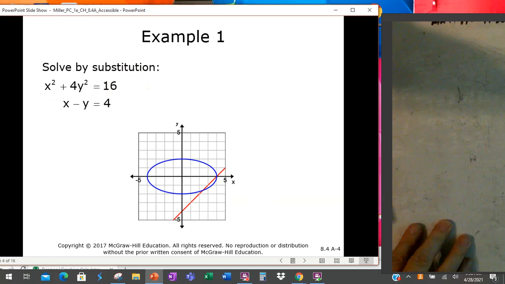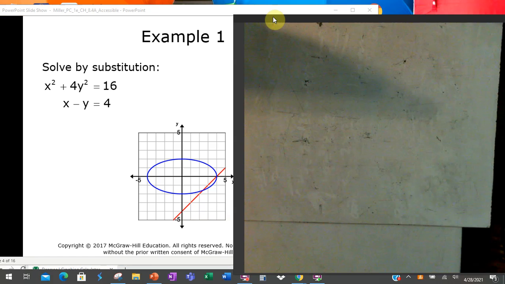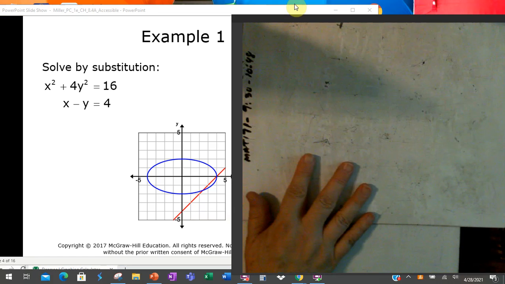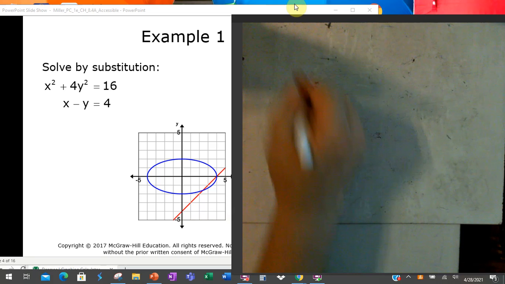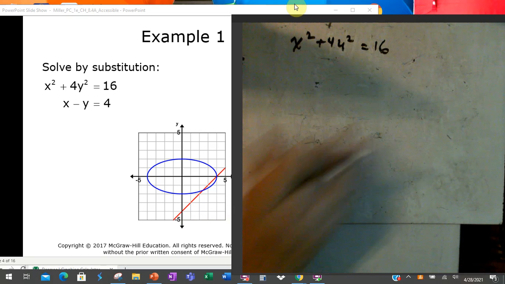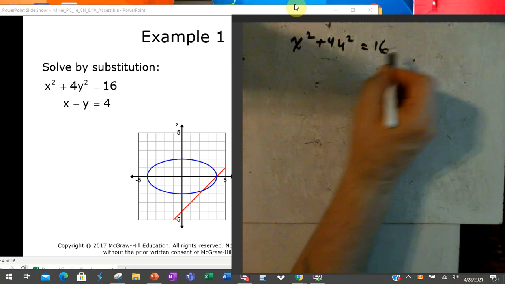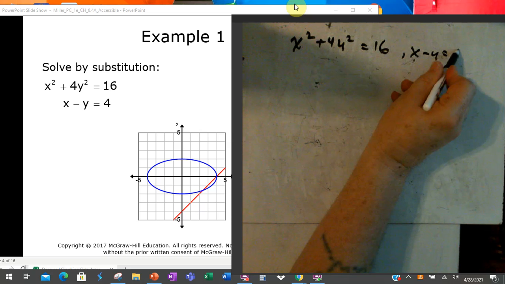So let's solve this by substitution. I'm going to do some work out here, so I may spin this thing sideways and get a little more room this way. Then x squared plus 4y squared is equal to 16, because I have to expand this out. And then x minus y is equal to 4.